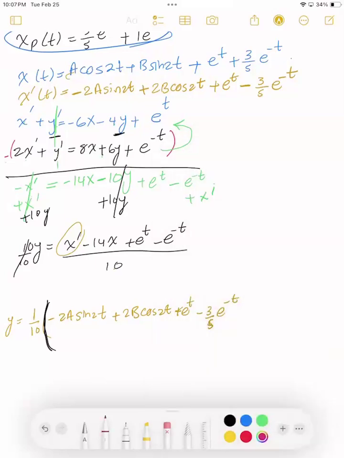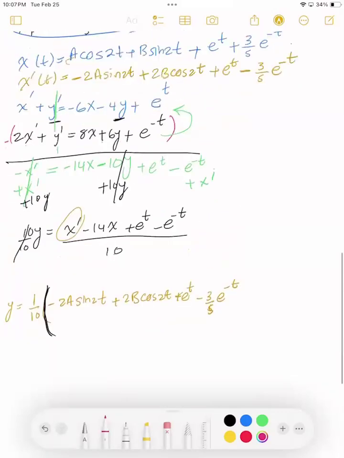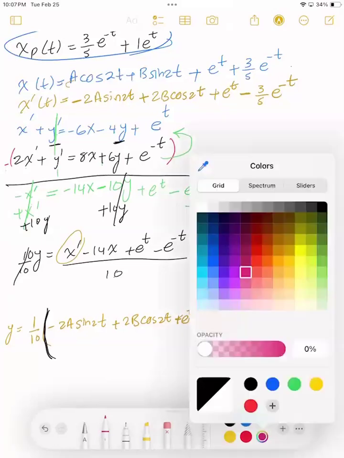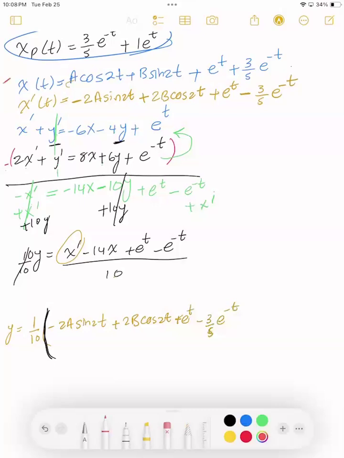negative 14 by x, and I'm just going to write it here.